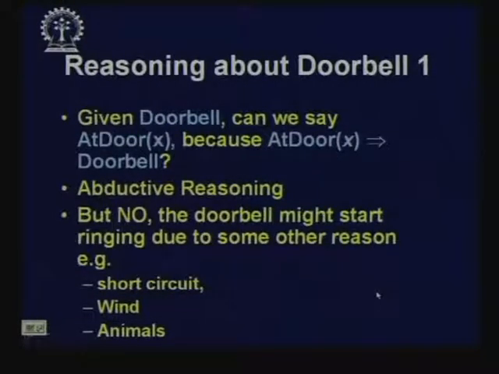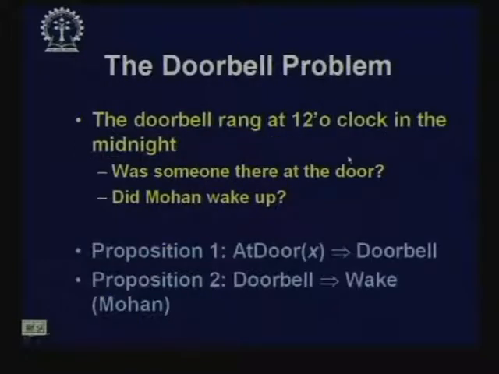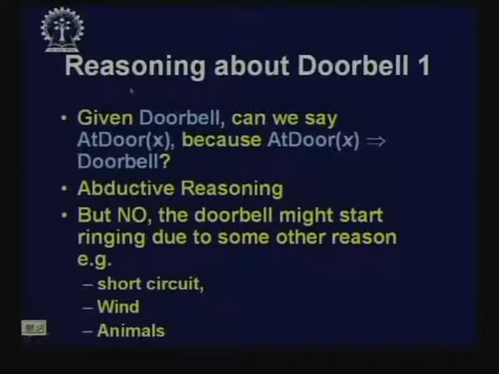Now, the problem is, suppose the doorbell rang. We know that by the first proposition, at door X implies doorbell. If someone is at the door, that comes from the previous proposition. So, the fact is that the doorbell has rung.